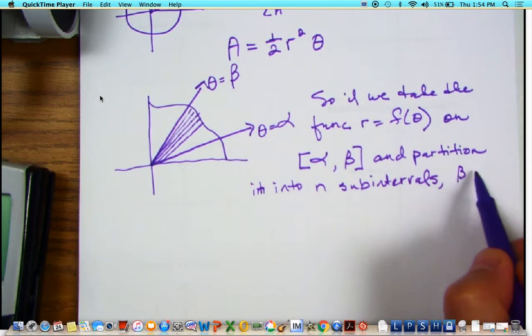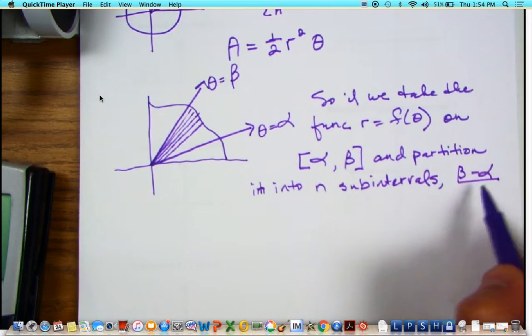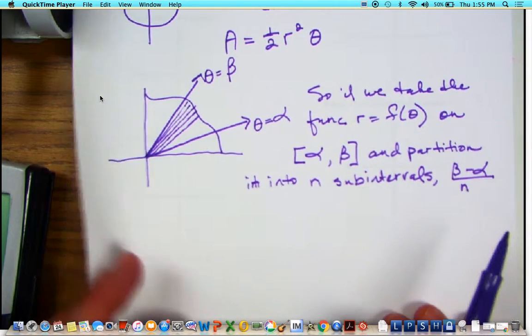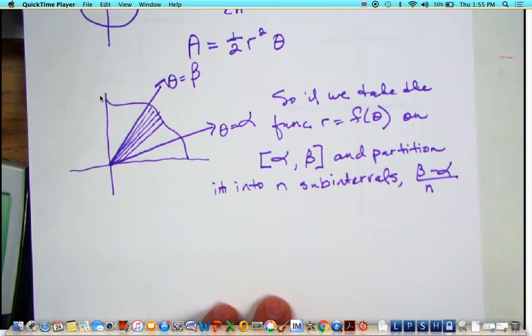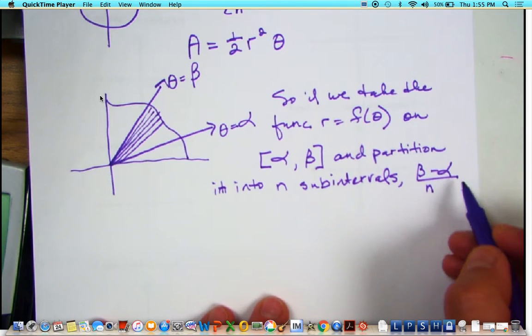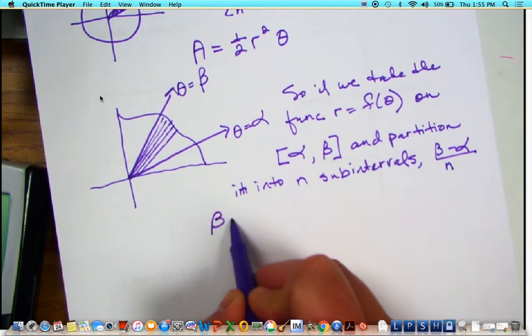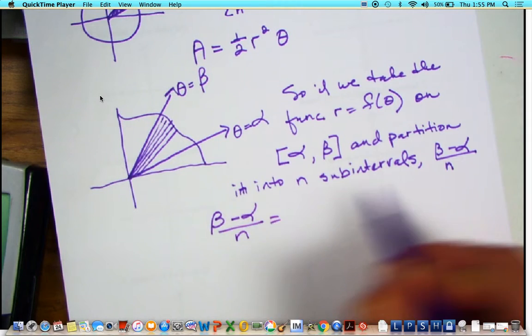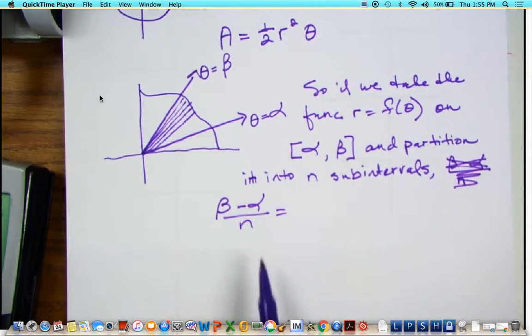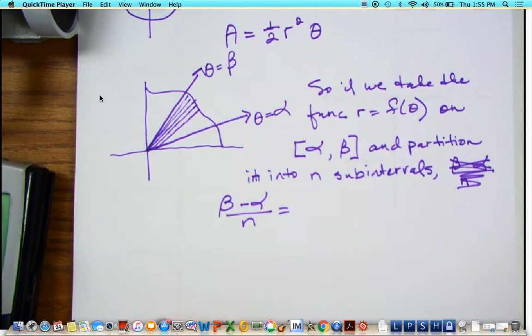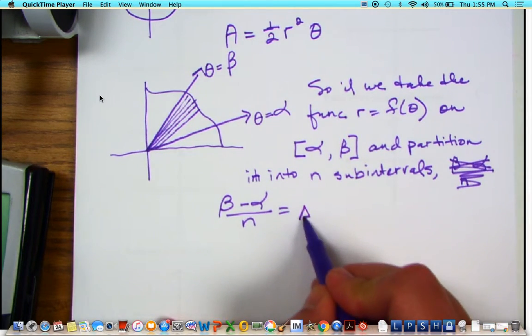Riemann sums. So that'd be beta minus alpha divided by n. I'm sorry, I should have left myself some more room, I'm going to move this down here. What is beta minus alpha divided by n equal to? The change in theta, right?